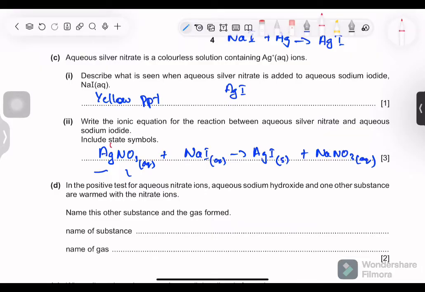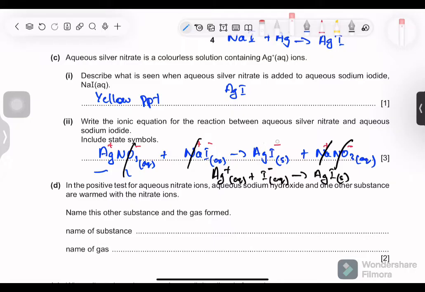So this will get a plus, minus, plus, minus, plus, minus, plus, minus. The identical ones on both sides will cancel, the aqueous ones only. So nitrate and nitrate are aqueous, both cancel. Sodium and sodium are both aqueous, cancel. The final remaining is Ag plus aqueous plus I minus aqueous, which will produce silver iodide, a solid.